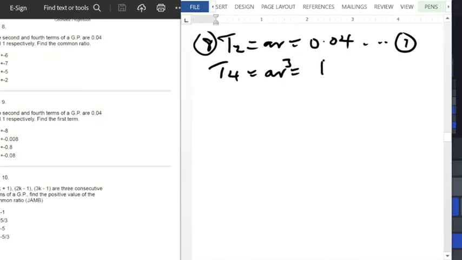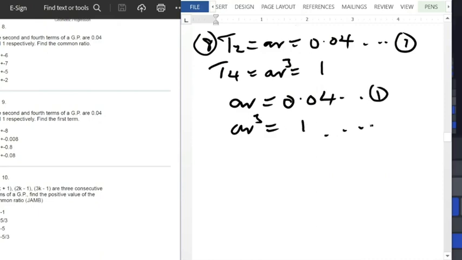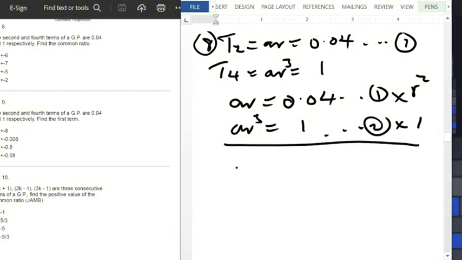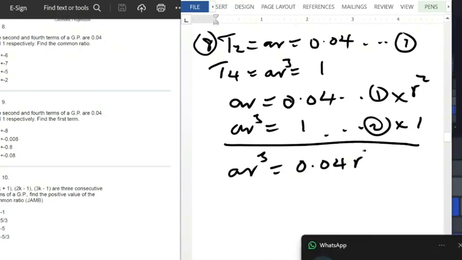So to get the common ratio, we have ar equals 0.04, then ar raised to the power 3 equals 1. Then we have equation 1, equation 2. So multiply equation 1 by r squared, so we have ar raised to the power 3 equals 0.04 r squared.